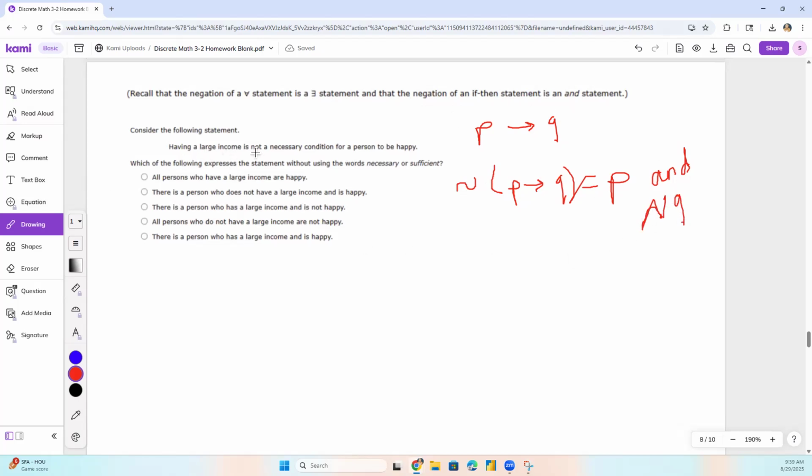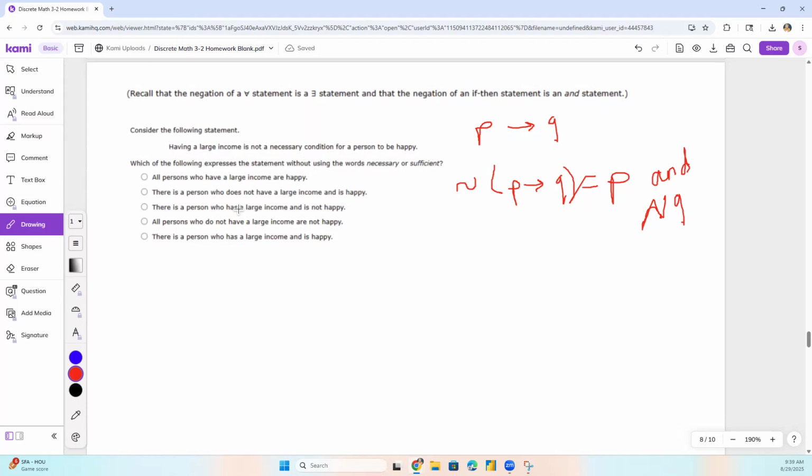So having a large income is not a necessary condition for a person to be happy. Even though this one doesn't say it explicitly, it means for every person who has a large income, having a large income is not a necessary condition for this person to be happy.